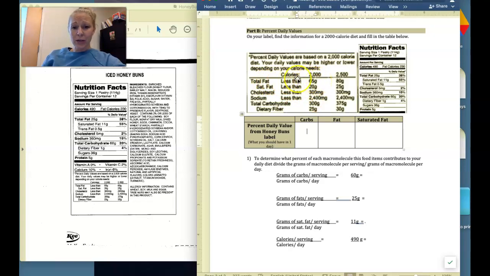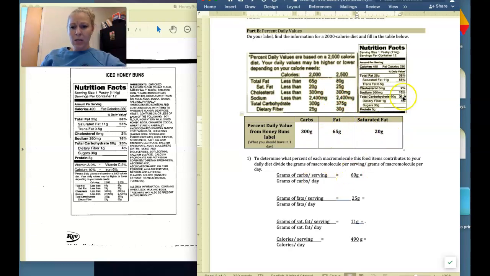And saturated fat, which is a different kind of fat, the unhealthy fat, is 20 grams per day. The healthy fat is unsaturated fat, but we're looking at the unhealthy fat here.